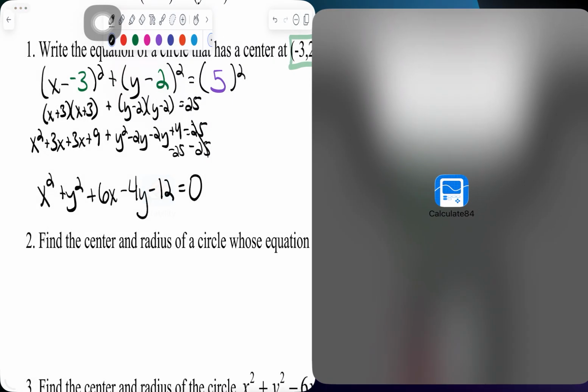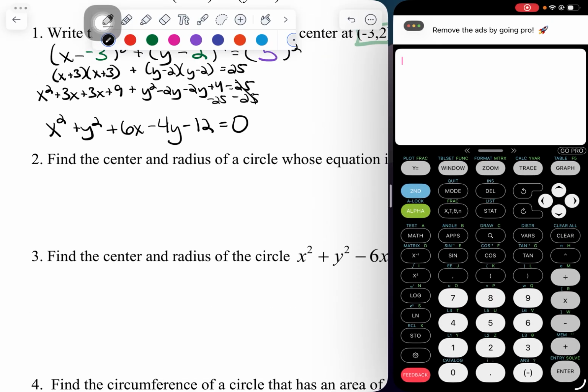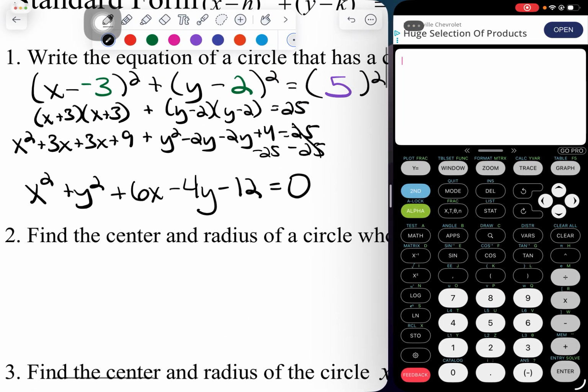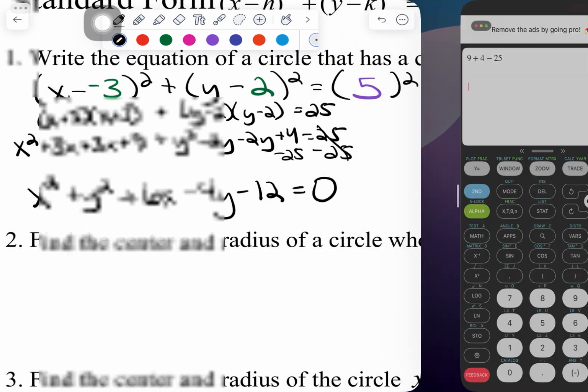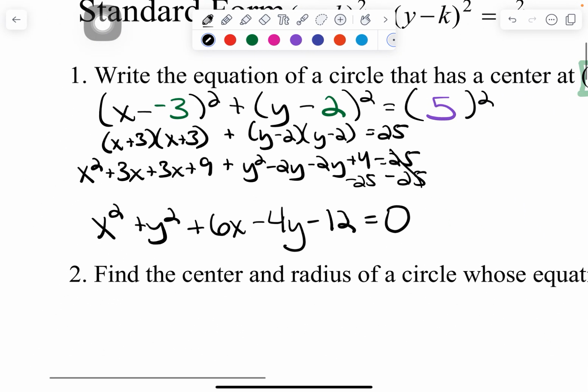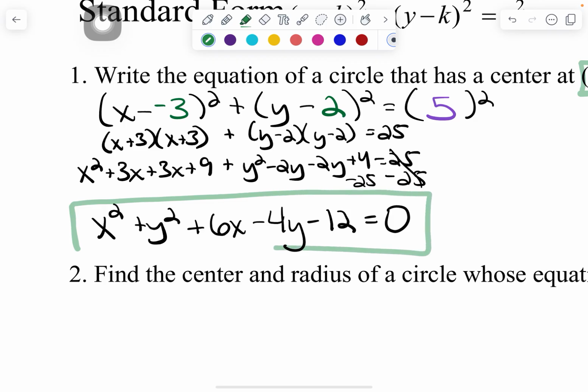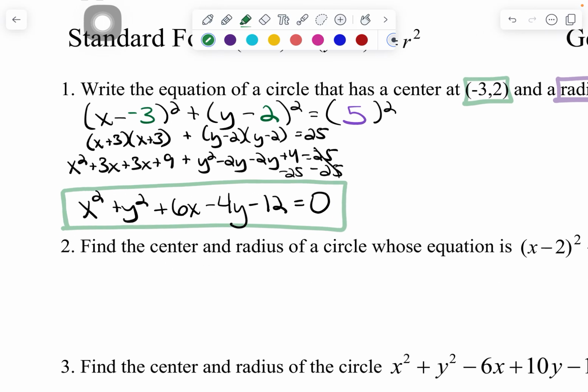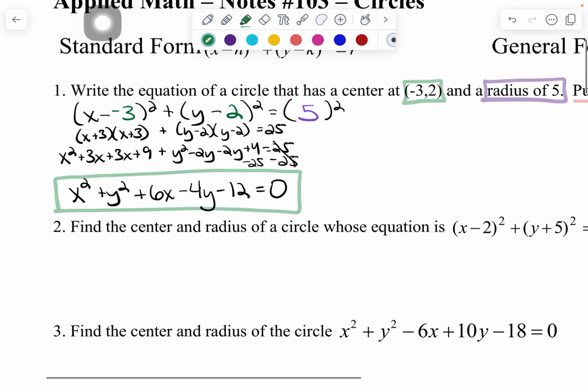Let me fight with the technology. I want to just squish it a little bit, not completely. All right, so 9 plus 4 minus 25. It is -12. All right. The math is mathing. Okay, so we're going to go ahead and box up that final answer. That is the general form equation of a circle with a center of -3, 2, and a radius of 5.